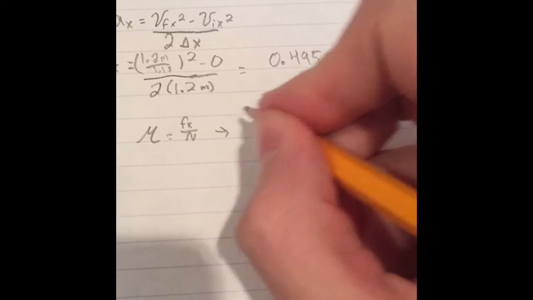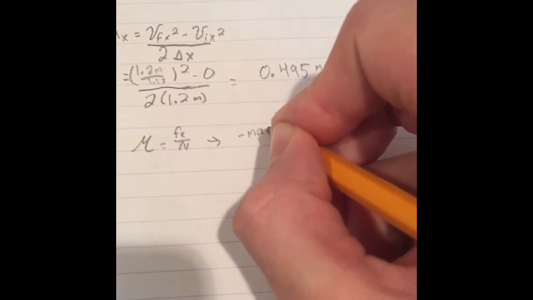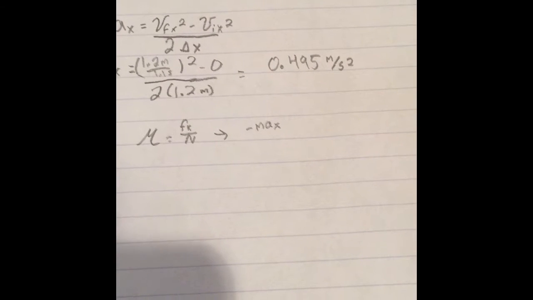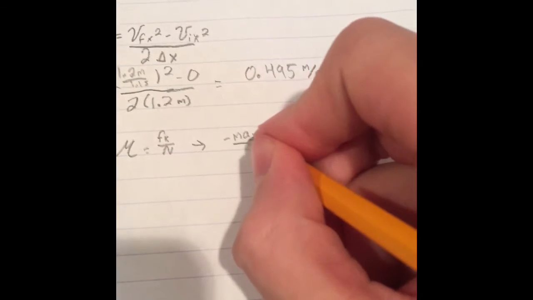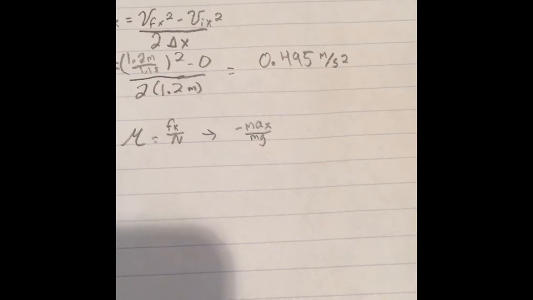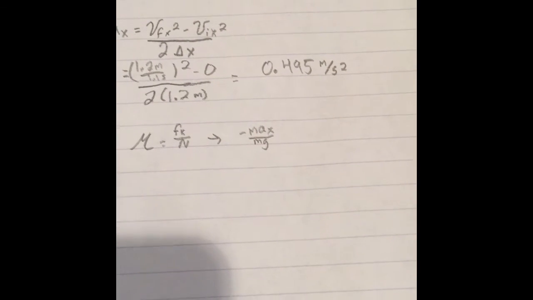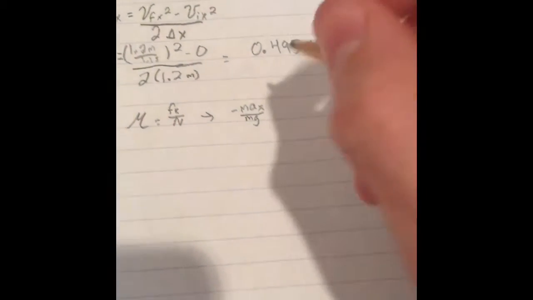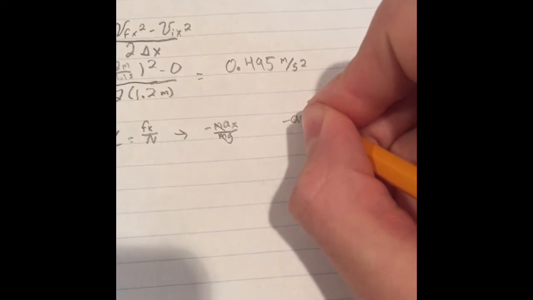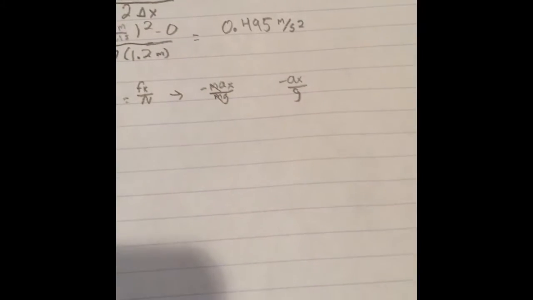This comes out to be the negative mass times the acceleration in the x direction, since that is the force acting on the system throughout the time, over the mass times gravity, since that is the normal force on the entire system as it is moving down, which is just the weight of the beanbag. The masses cancel out, making mu the negative acceleration in the x direction over gravity.